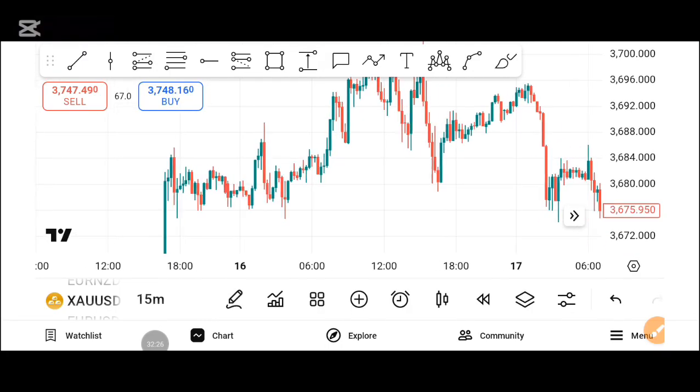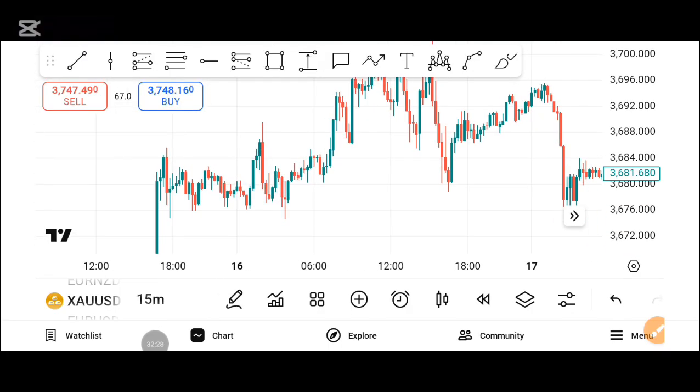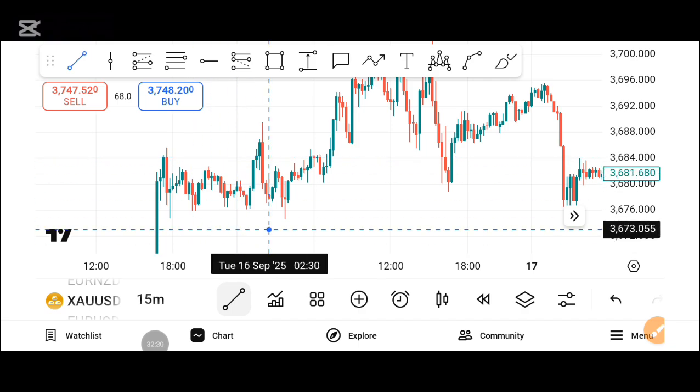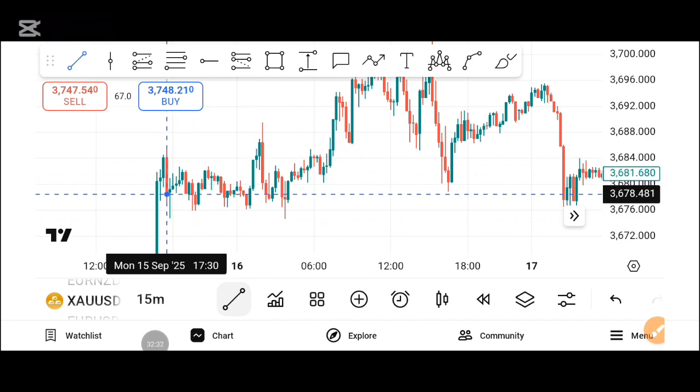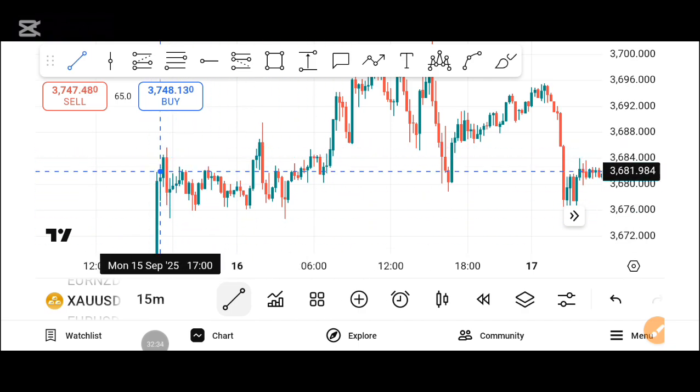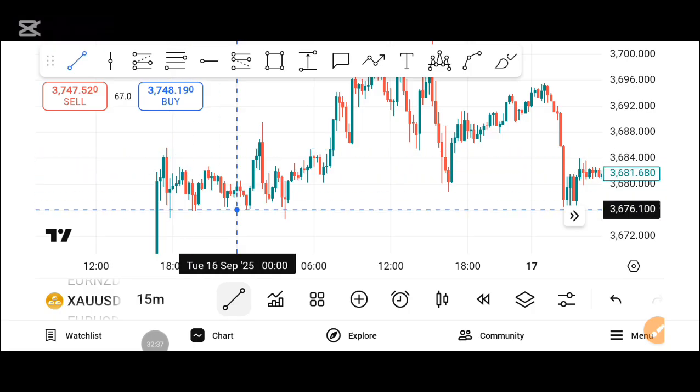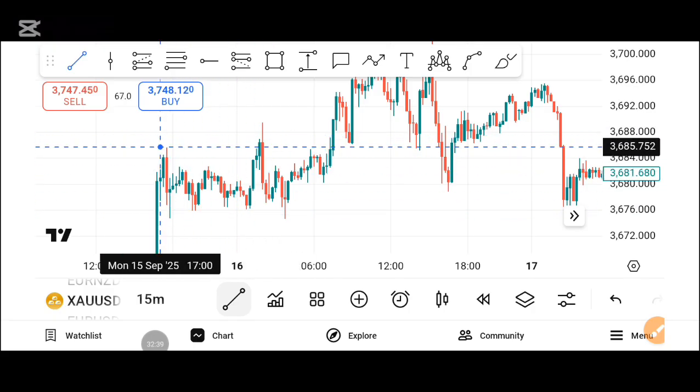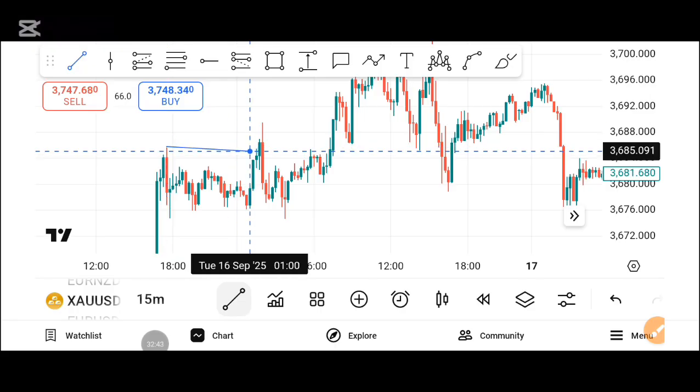So guys, we talk about pullback on our previous candle. Where we have a pullback here, this candle pulls back and breaks this high here. So this is our break of high.